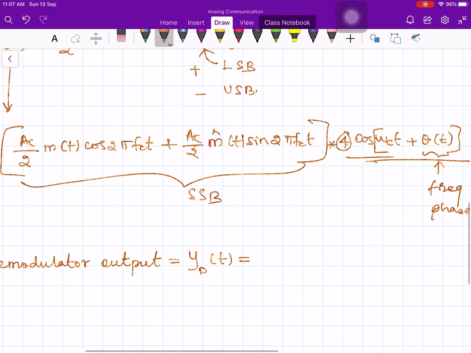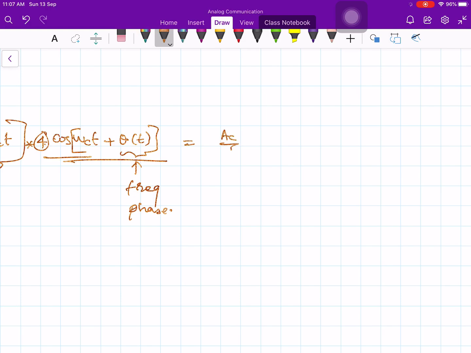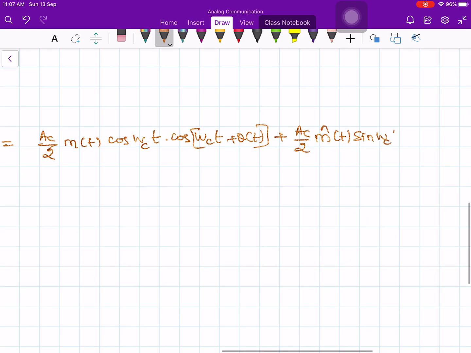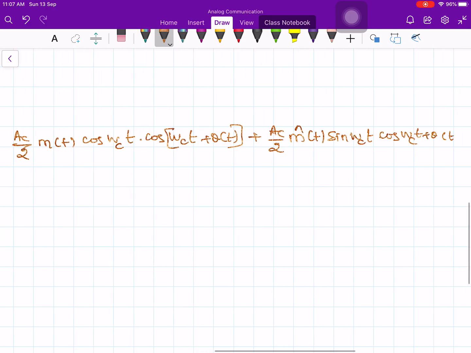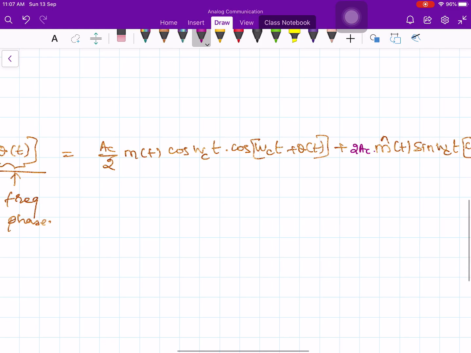If you multiply (A_c/2) m(t) cos omega ct times cos(omega ct plus theta of t), plus (A_c/2) m-hat(t) sin omega ct times cos(omega ct plus theta of t), and there is a 4, then if you multiply by 4 this becomes 2 times A_c, and this also becomes 2 times A_c.